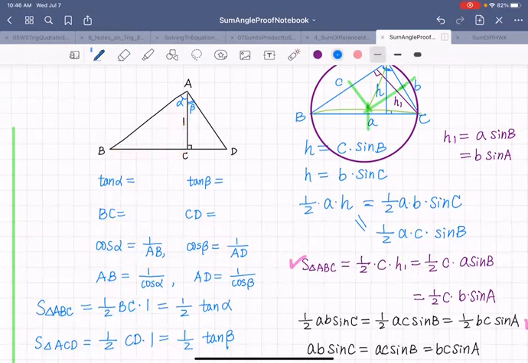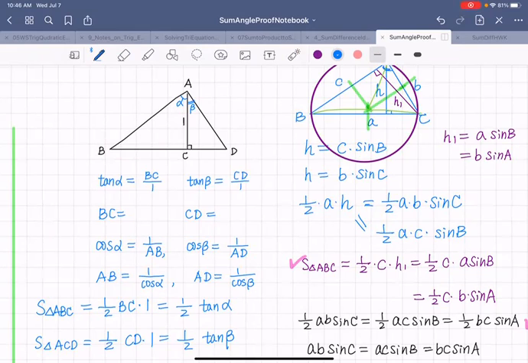Okay, so tangent alpha equals to BC divided by 1, right? Yes. How about tangent beta? CD over 1. Tangent beta is CD over 1. Correct? Yes.